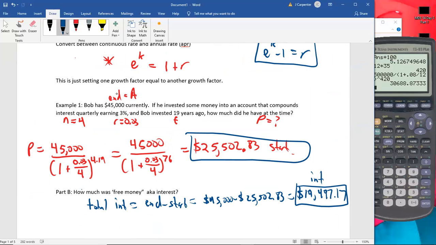Change the interest rate from 3% to 5%. Change the time from 19 years to, I don't know, 5 years or 20 years or 27 years, whatever. You can make up your own problems so that you get lots of practice plugging things in and then using your calculator. Because if you've only done this once, when you go to take your test, you're going to struggle. I can guarantee that.